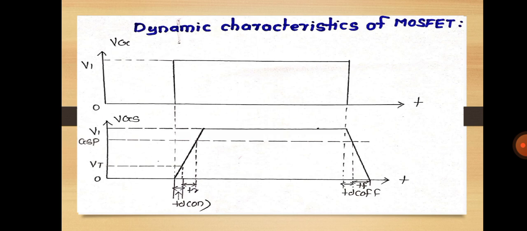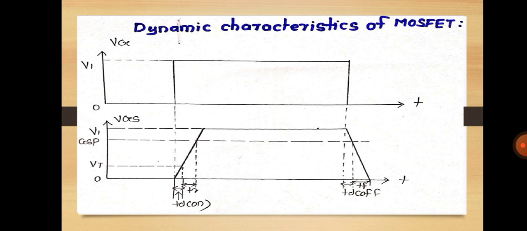This is the time taken to make the input voltage equal to the threshold voltage of the MOSFET. The minimum voltage used to trigger the transistor across the gate is the threshold voltage, and the transistor only turns on if input voltage is equal to or greater than the threshold voltage. The moment gate source voltage becomes equal to VT, the transistor will turn on.